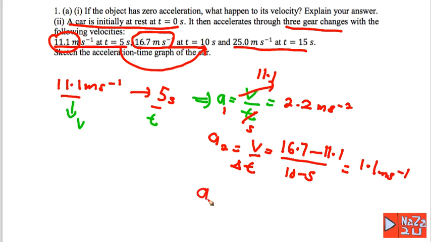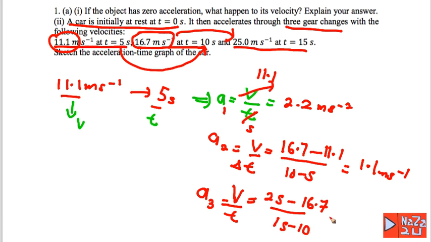And now the third gear acceleration, same equation, change of v divided by change of t. The velocity goes from 16.7 to 25, so we have 25 final velocity minus initial velocity 16.7, divided by the time, 15 minus 10. So this is equal to 1.7.